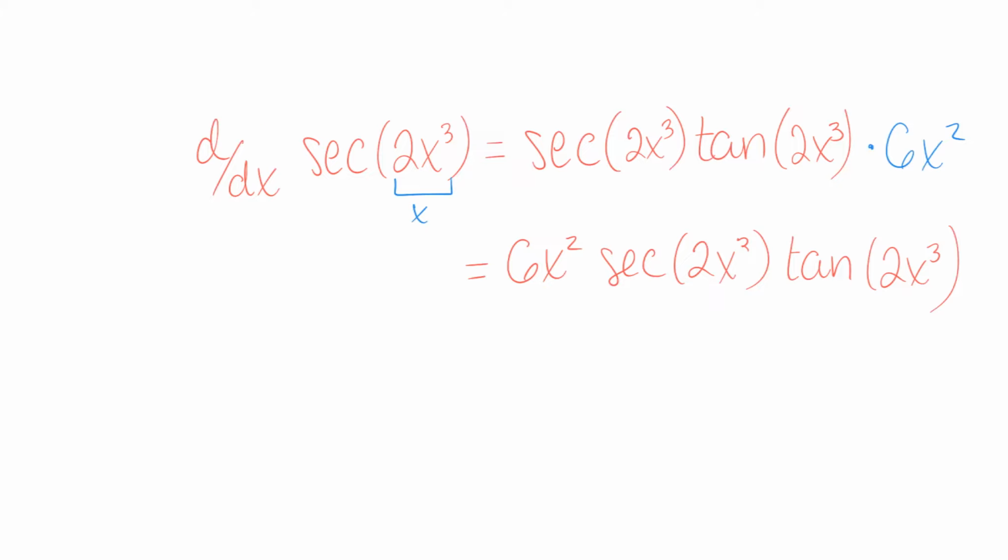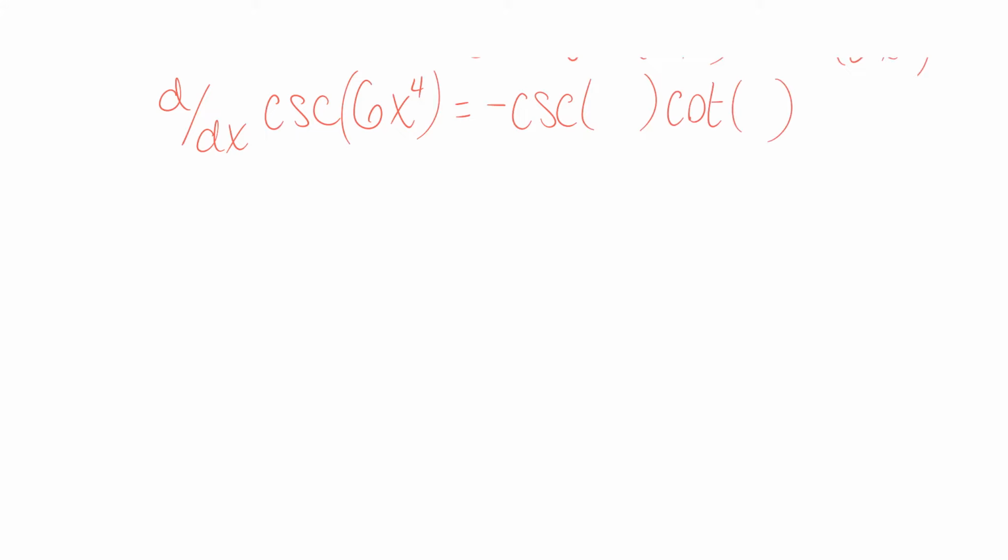That's it. Okay, and then the last one we can take a look at is the derivative of cosecant, I don't know, let's say 6x to the fourth. The derivative of cosecant is negative cosecant times the cotangent of that. And in this case, our x is the 6x to the fourth, so we're going to put that 6x to the fourth right back in.